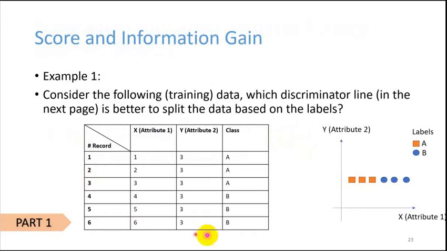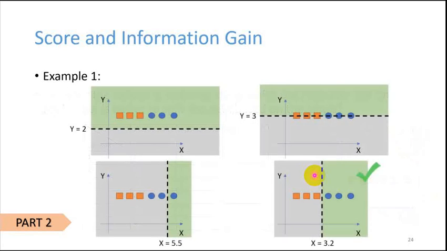The left-hand side here is the data table, and the right-hand side is the visualization of that data table. Here I provided 4 discriminator lines. You can consider each discriminator line as a decision node, which classifies the space into yes and no branches.